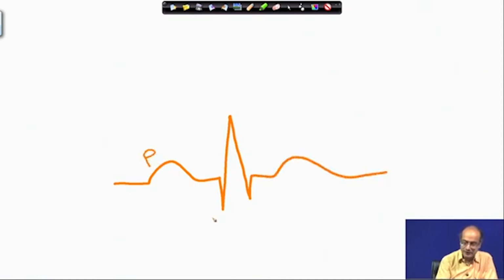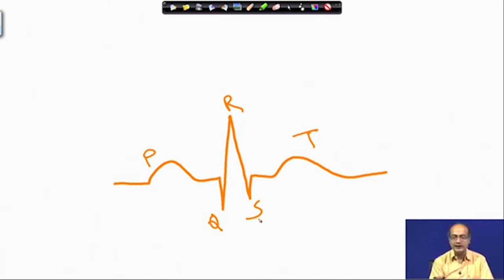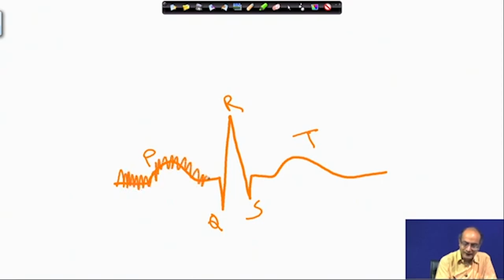This is P, Q, R, S, T, and because of different kinds of noise, say high frequency noise and power hum, a lot of noise is added to it and it gets smeared in this way.